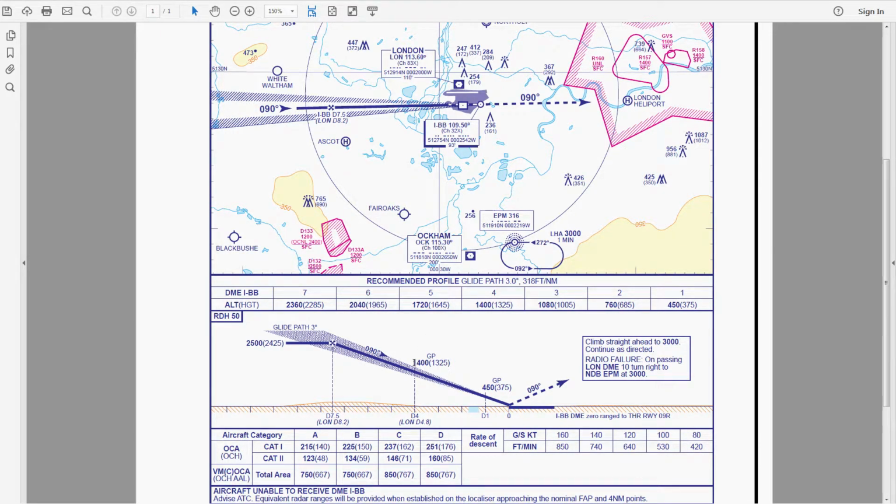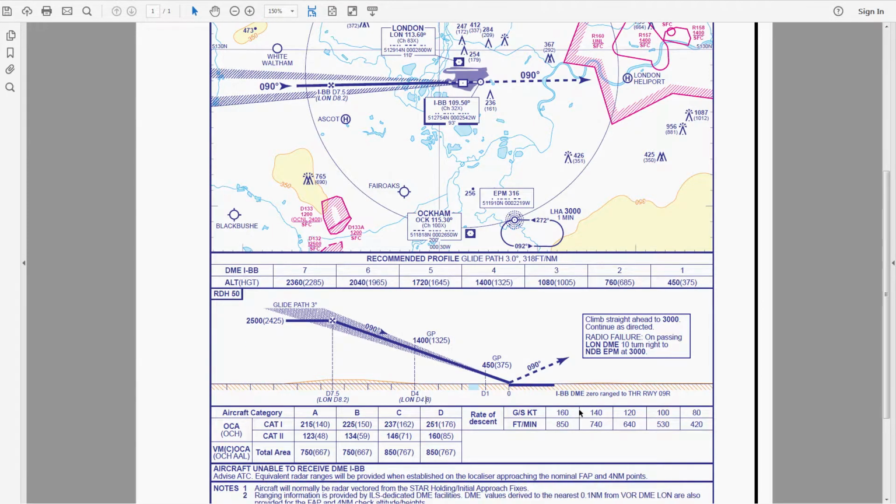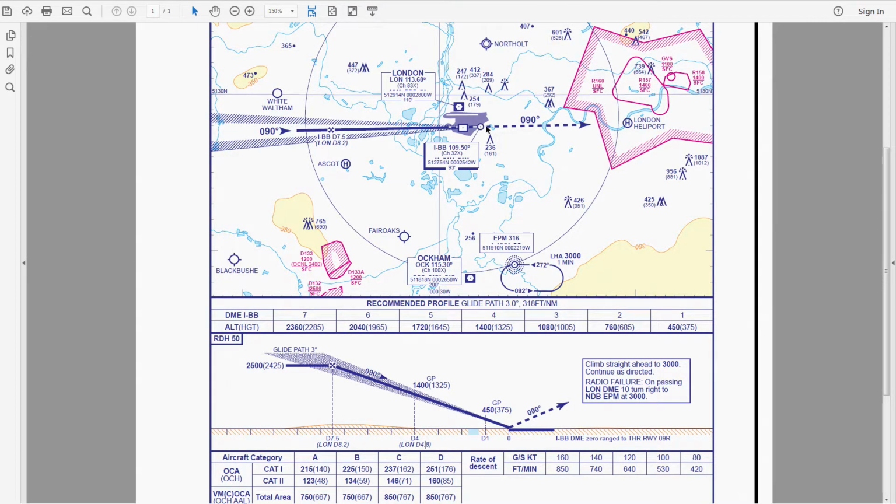Glide path, 1,400 feet, 450 feet, 4 nautical miles, and 1 nautical mile away from the airport. There it tells you, I knew it would say it somewhere, India Bravo Bravo DME 0 range to threshold runway 09 right. So even though the localizer is at that end, the DME has been adjusted to ensure that when you cross that threshold on runway 9 right, that is where it reads 0.